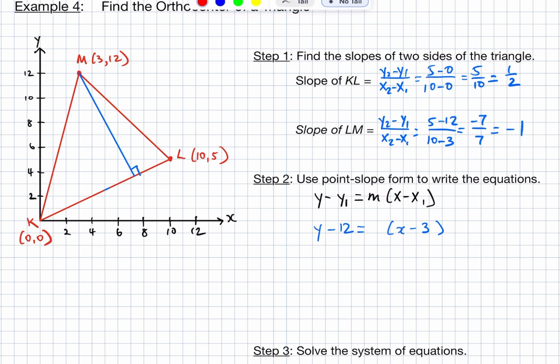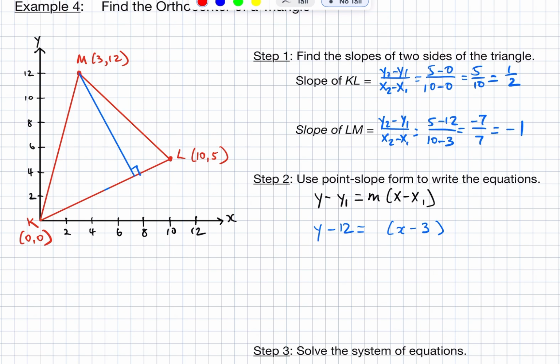We solved for the slope of KL to be 1/2. But we need the slope of the altitude. The altitude is perpendicular to KL, so to find the slope of the altitude, you take the negative reciprocal, meaning instead of 1/2, it's now going to be 2/1, and we're going to negate it.